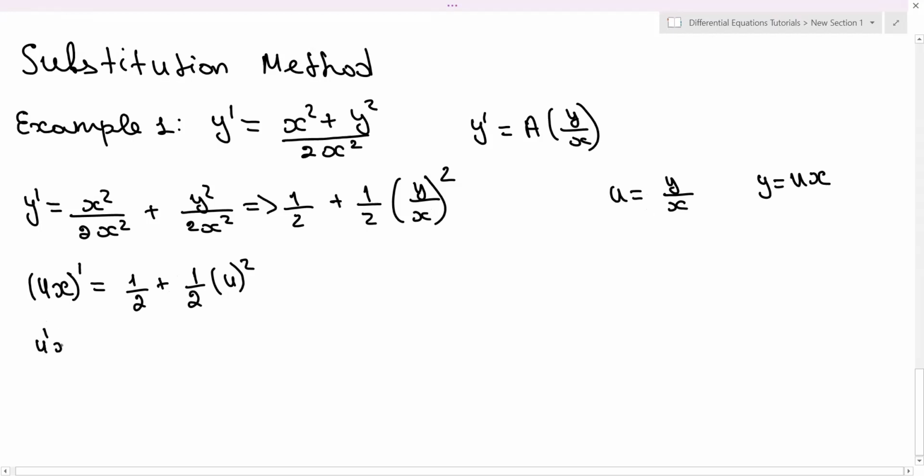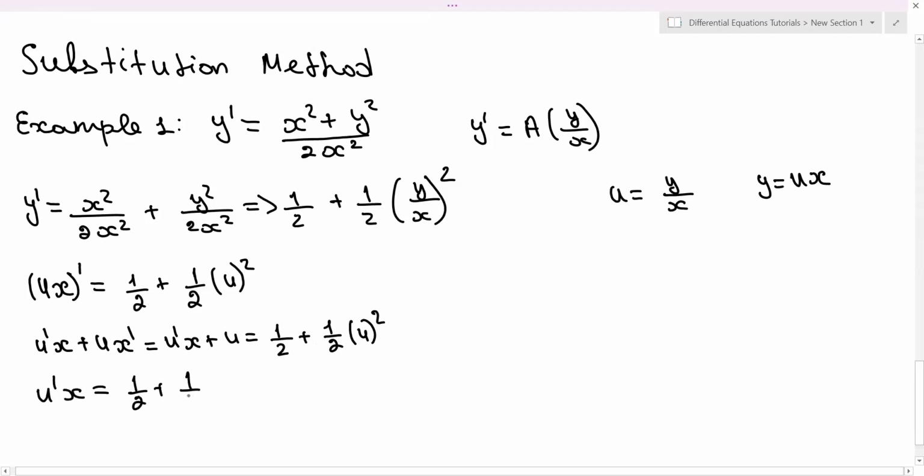So we have u prime times x plus u times x prime, and x prime is 1, so we have u prime x plus u is equal to 1 over 2 plus 1 over 2 u squared. We can keep it here. So u prime x is equal to 1 over 2 plus 1 over 2 u squared, and we move u here, so we have minus u.